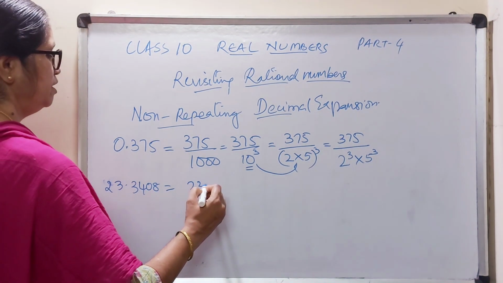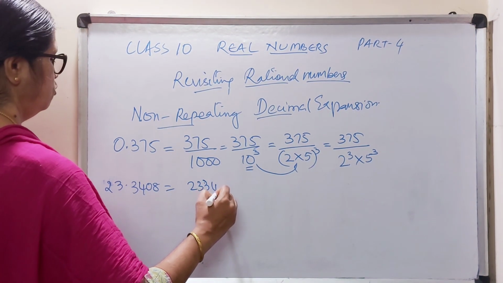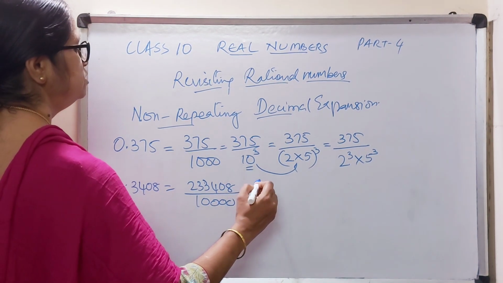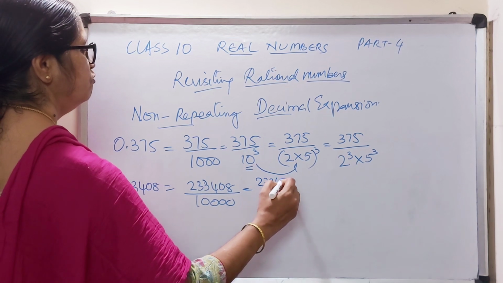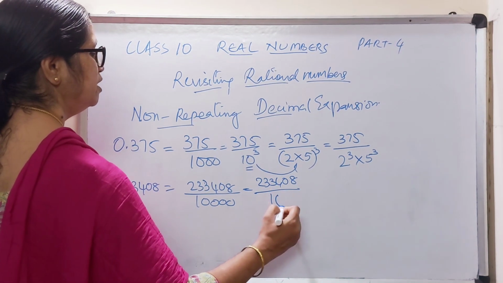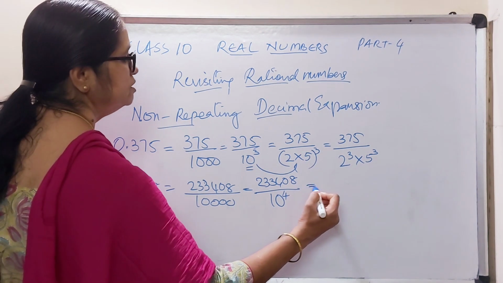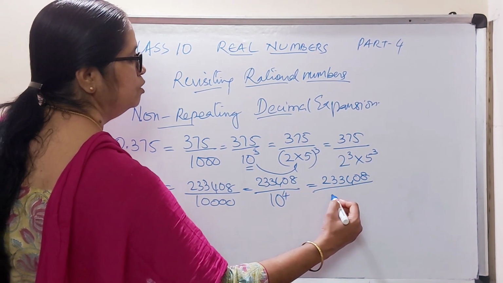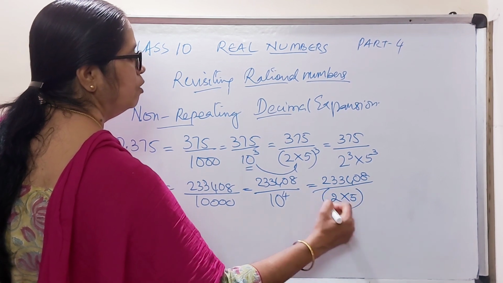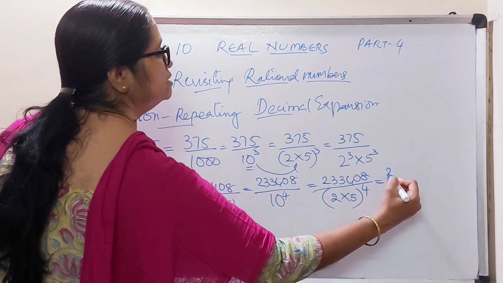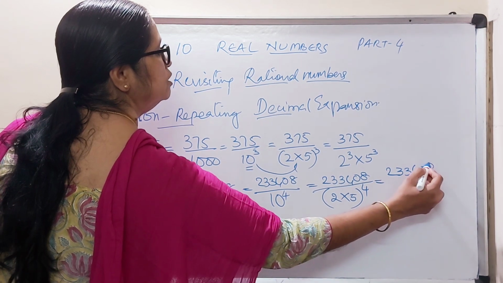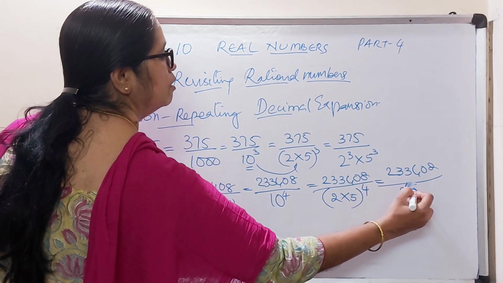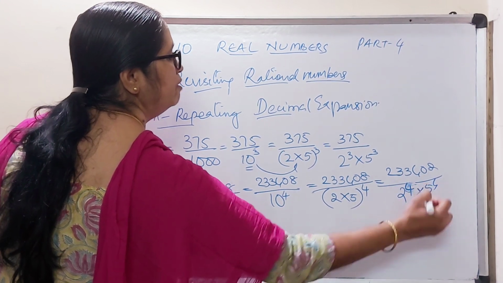So it is 233408 by 10,000, which is written as 233408 by 10 power 4, which is again equal to 233408 by (2 into 5) whole power 4. Again this is written as 233408 by 2 power 4 into 5 power 4.